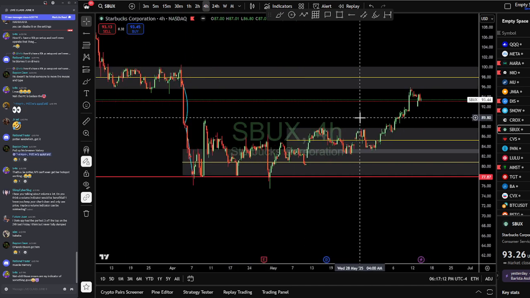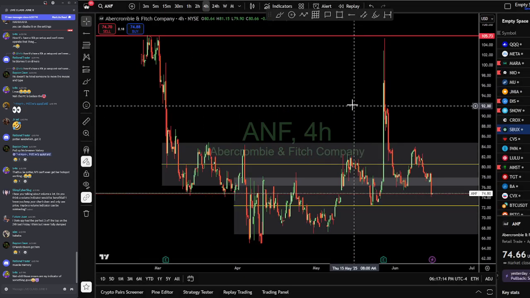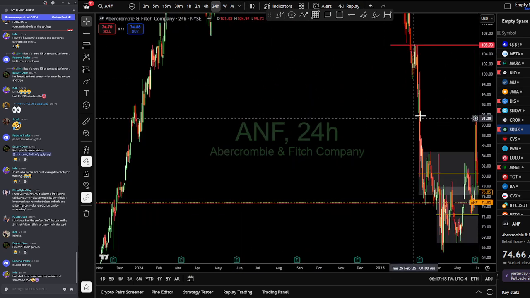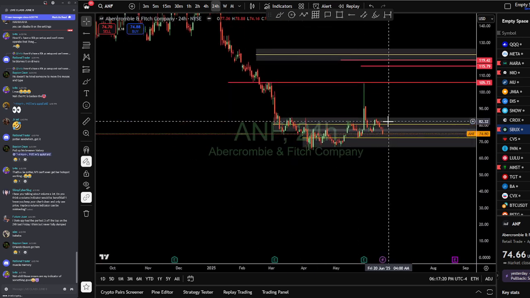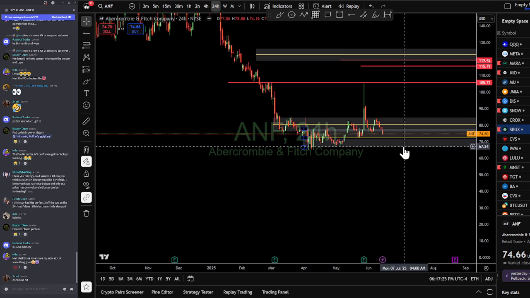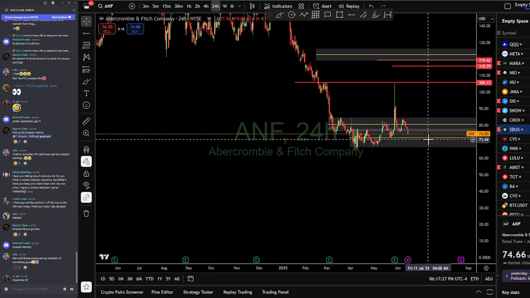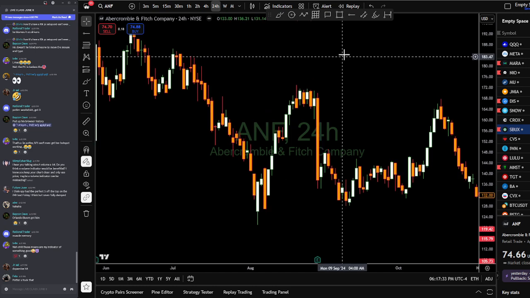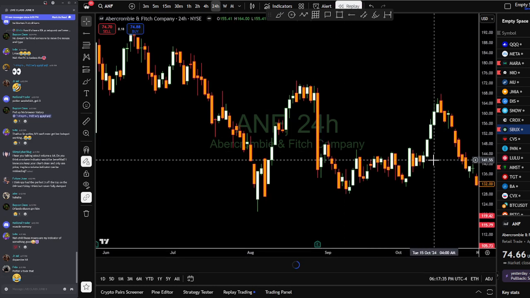And this is almost identical to ANF, which is another setup that I took. Well, damn, I missed that one. When did that happen? Look at that, right on earnings. Empty space above, straight to the top, back down. You might be looking at a punch down on that one. Anyway, I would say this is identical.